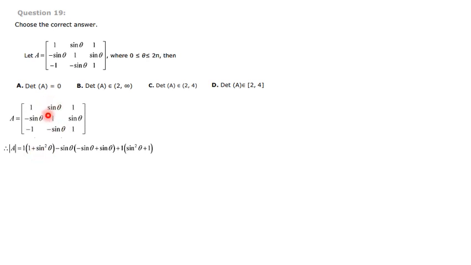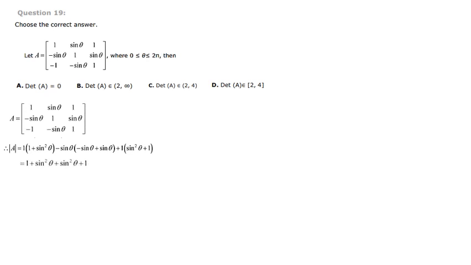Second element sin theta, the sign is minus, minus sin theta into that row and column is gone: minus sin theta into 1 is minus sin theta, minus into minus is plus, 1 into sin theta is sin theta. Third element, plus 1 into that row and column is gone: minus sin theta into minus sin theta is plus sin square theta, minus into minus is plus, 1 into 1 is 1, so sin square theta plus 1.